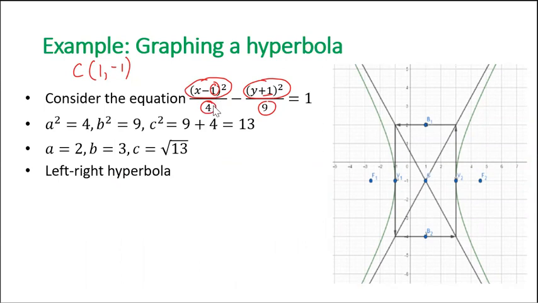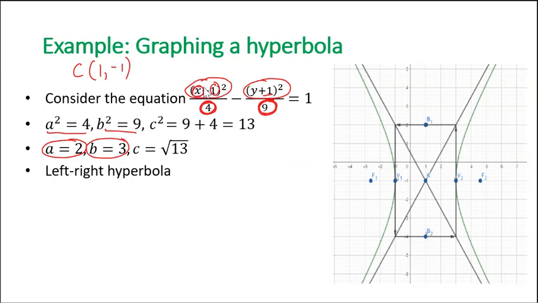Since the term containing x is positive, we consider this as our a². So a² equals 4, which indicates that a is equal to 2. And this one is our b², which is 9, which implies that b is equal to 3.